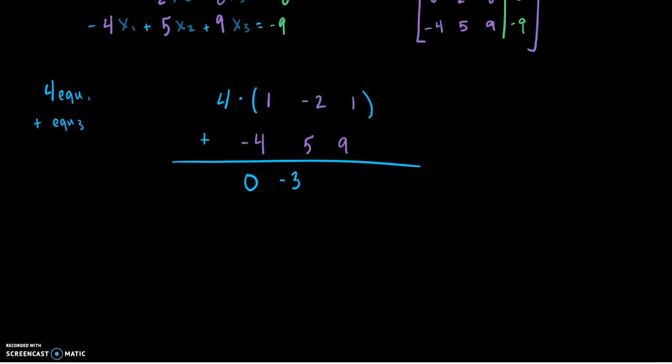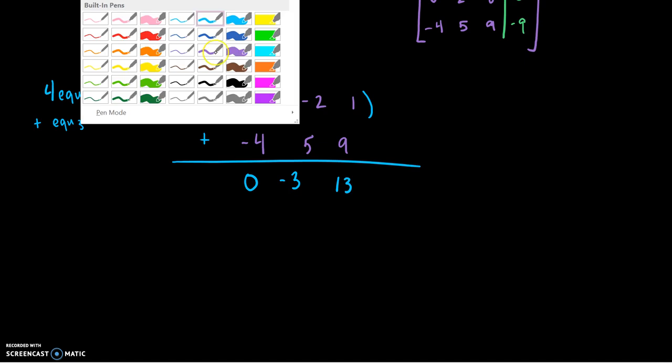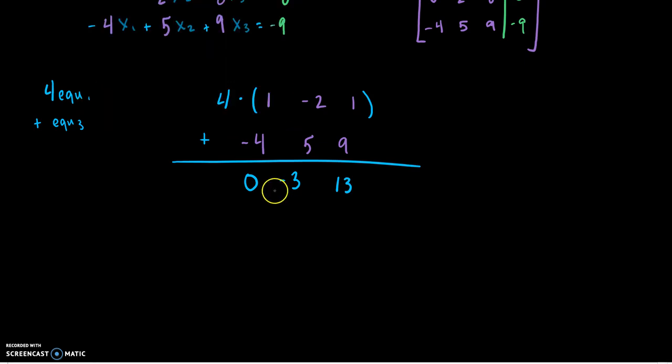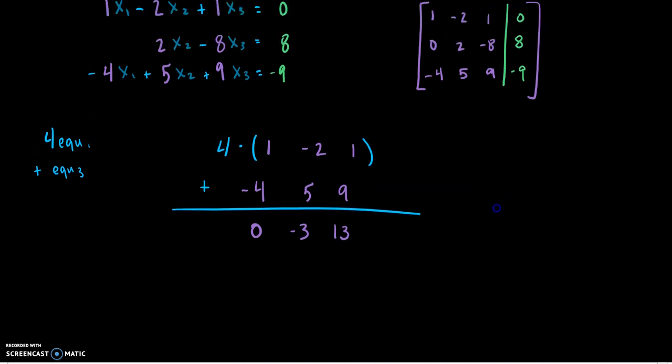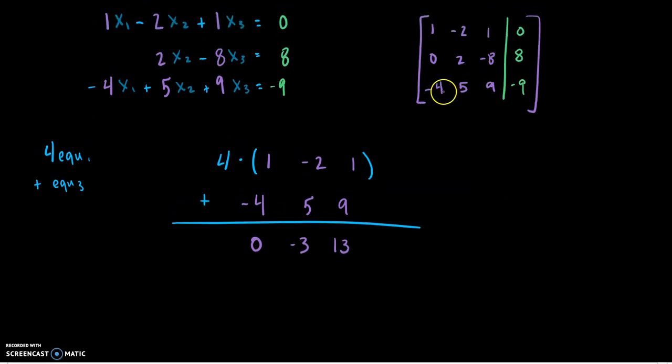And lastly, we're going to say 4 times 1 is 4, plus 9 is 13. So we have a 13. Again, these represent the coefficients, the new coefficients for our third equation in our matrix.